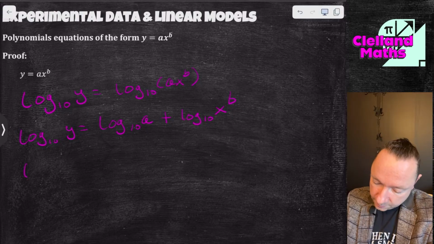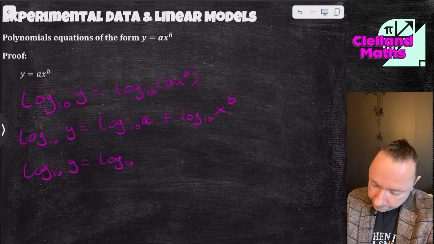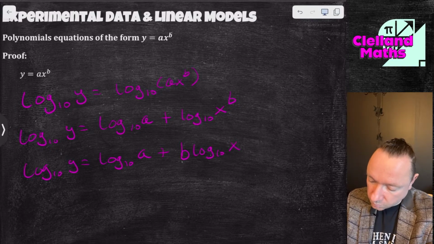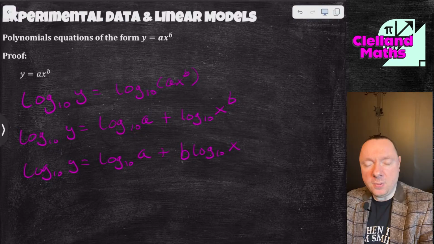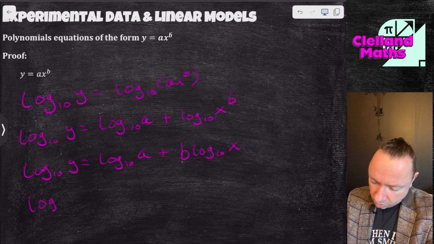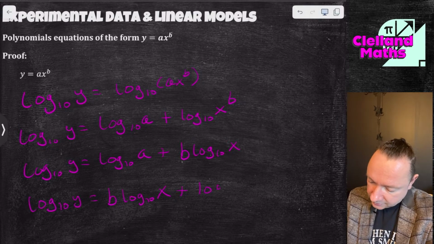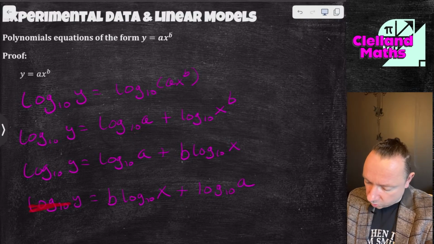Now, that means we've got log base 10 of y equals log base 10 of a plus b log base 10 of x. Let me flip that around. Log base 10 of y equals b log base 10 of x plus log base 10 of a. If I take away these logs for a minute here, that looks like y equals mx plus c.